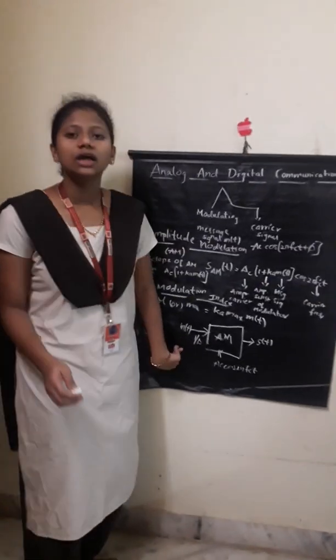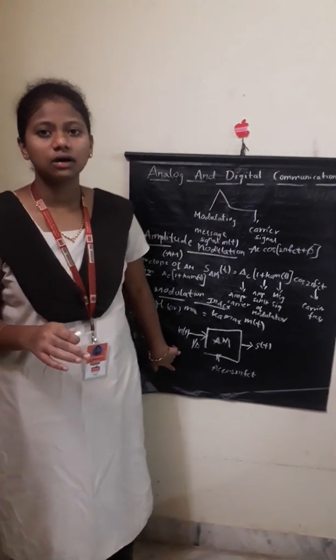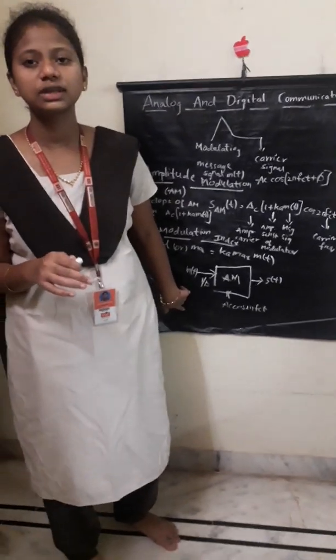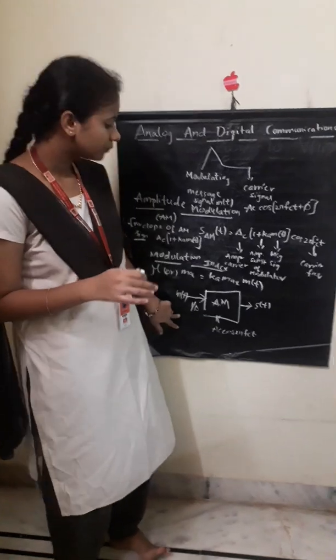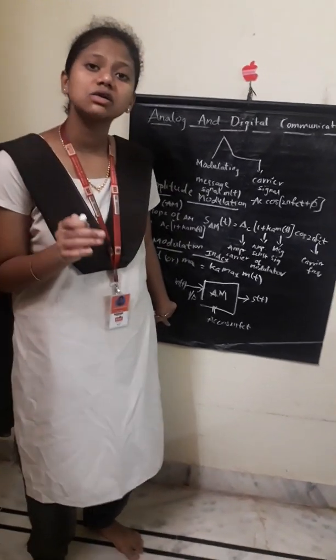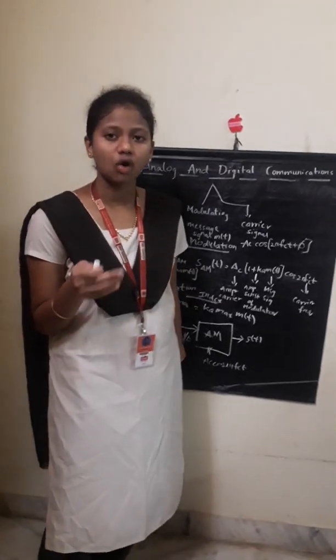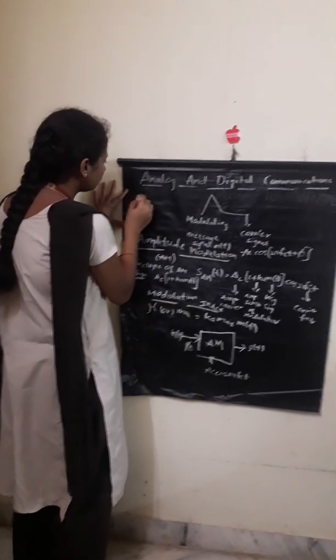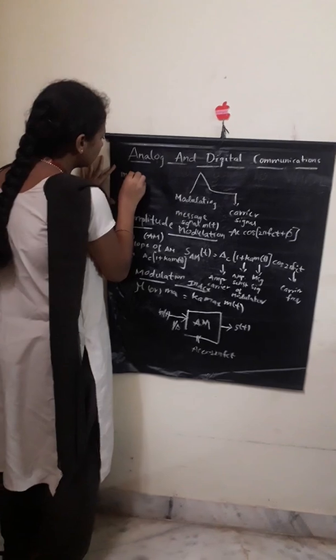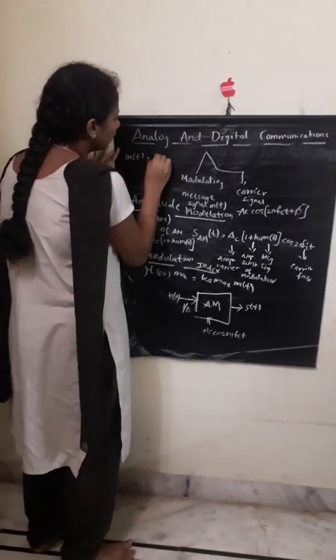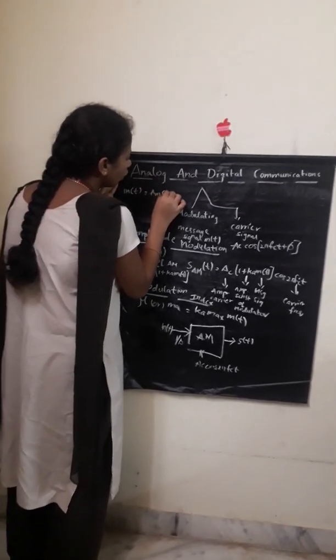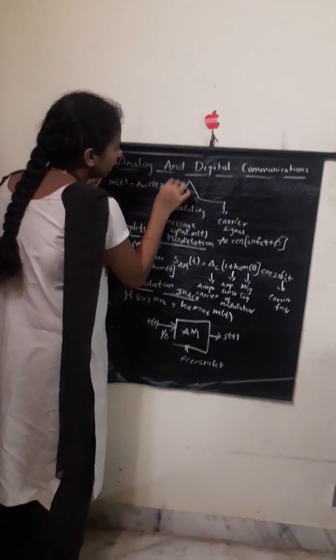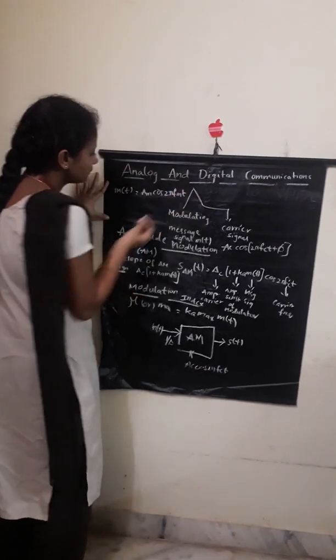Now if we have a single tone frequency, that is sinusoidal, which means we may have a sine wave or cos wave, then m(t) equals Am cos 2π fm t.